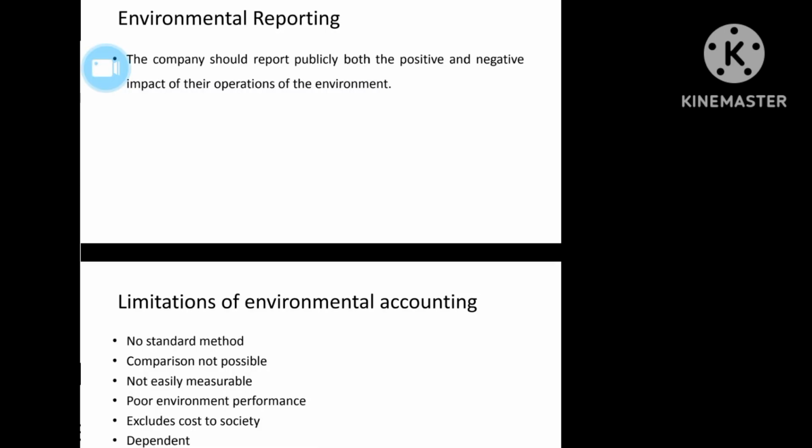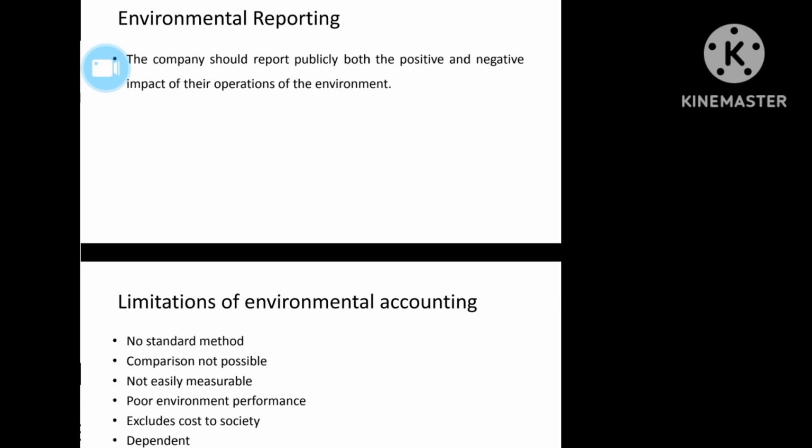Next is environmental reporting. Companies should report publicly both positive and negative impact of their operations on the environment. The company performs certain functions, and it has the responsibility of preparing the environmental reporting.